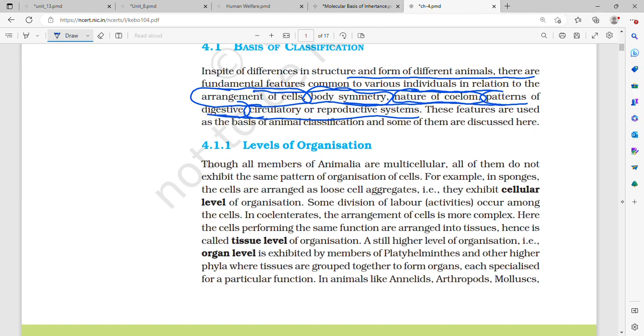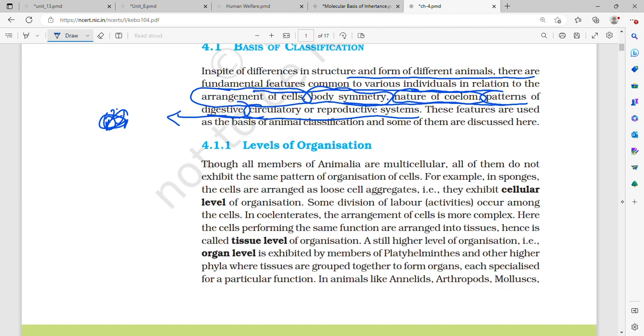Digestive system is not open and closed, it is complete or incomplete: complete digestive system has both openings, mouth and anus, whereas incomplete has only one opening. Then reproductive system. These features are used as the basis of animal classification and some of them are discussed here.